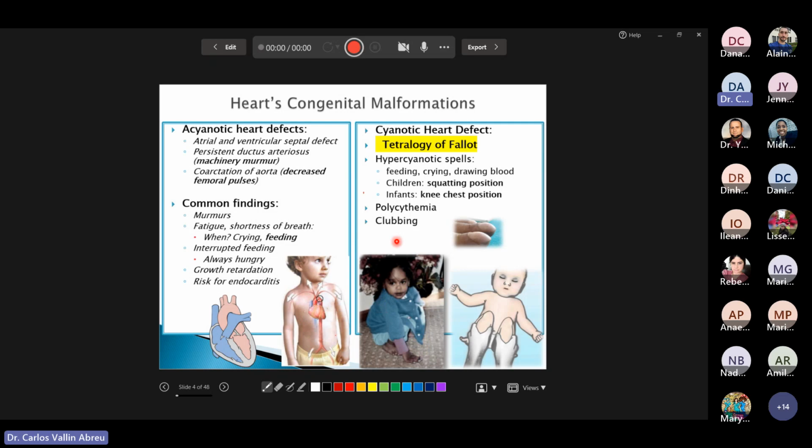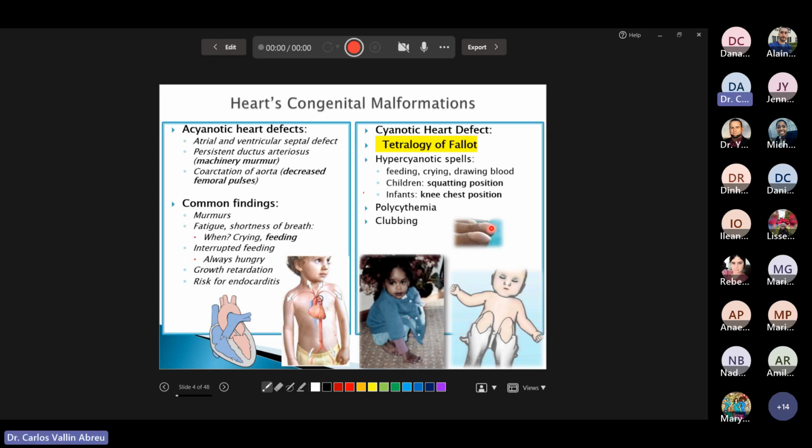And when there is chronic cyanosis, the clients compensate by increasing the amount of hemoglobin and red blood cells. So they have polycythemia. And they develop a deformity in the nails that is called clubbing, that can even be seen in the nails of this girl, okay, if you enlarge this picture.